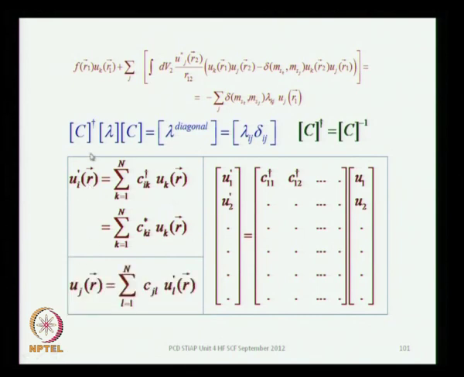So, you have the inverse transformations also. So, every u_k(r_1) over here can be replaced by this summation, and then you will rewrite the Hartree-Fock equation in terms of the primed functions instead of the unprimed functions.